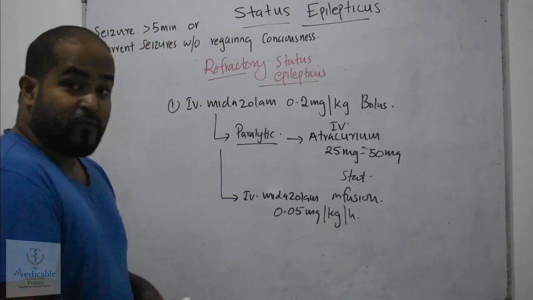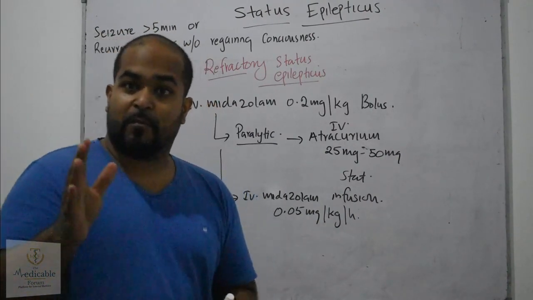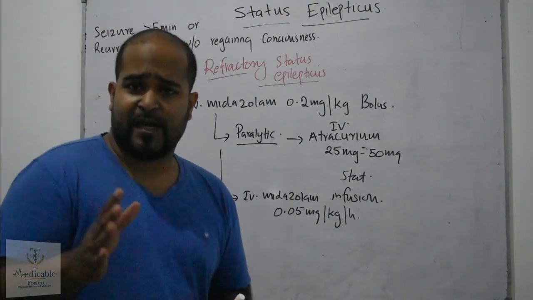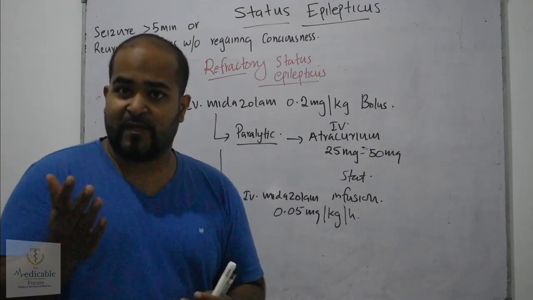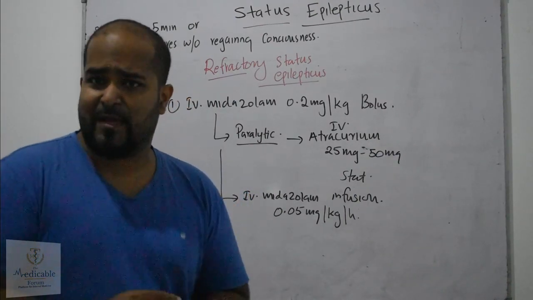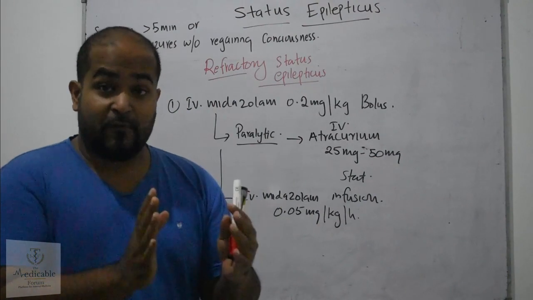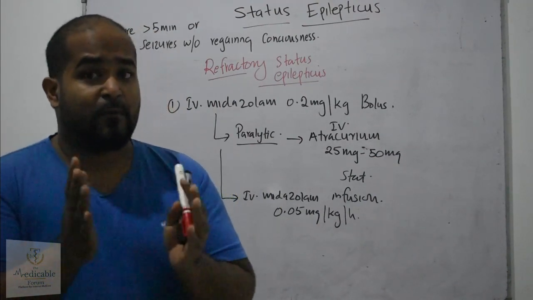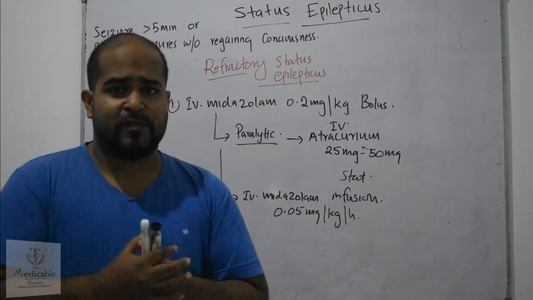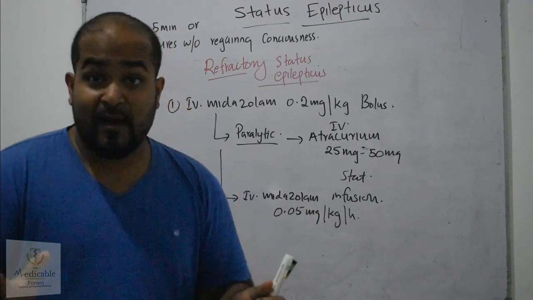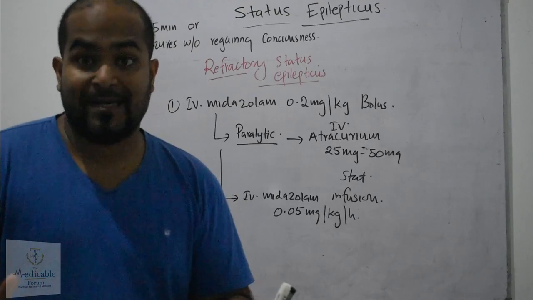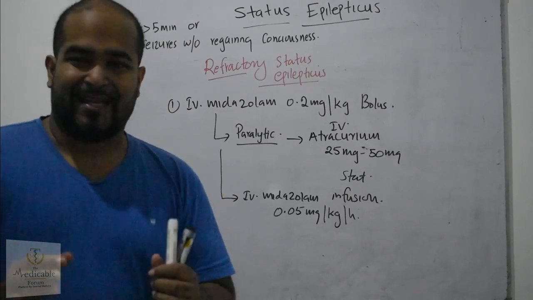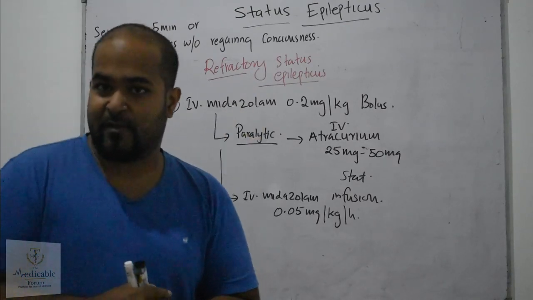If you are using propofol, you use 2 milligrams per kg bolus, and you should give it over 5 to 10 minutes. Sometimes when propofol is given in very high concentrations, the patient can develop propofol related infusion syndrome, where he can go into a bradycardia, sudden cardiovascular collapse. That is very rare, but just for information.